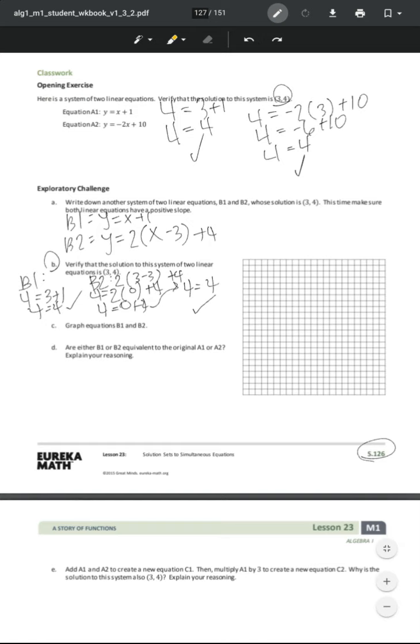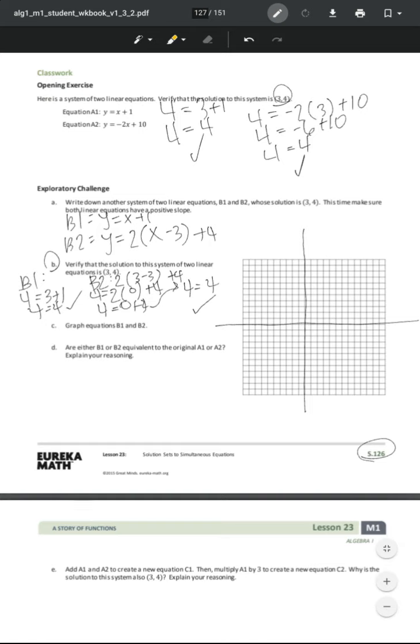Actually, I can probably draw those a little better. Here we go. There. Much better. Okay, so B1 has a slope of 1 and a y-intercept of 1.